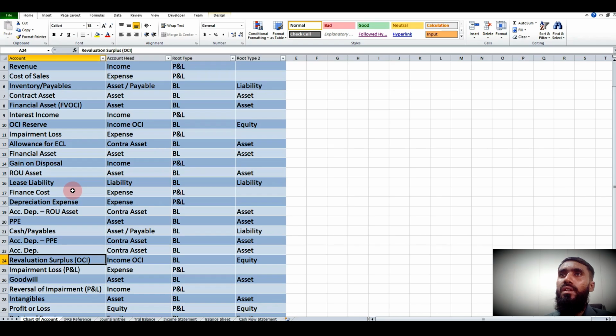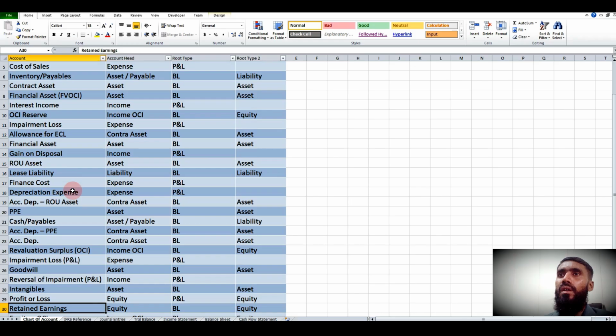Accumulated depreciation, revaluation surplus, impairment loss, goodwill, reversal of impairment, intangibles, profit or loss.